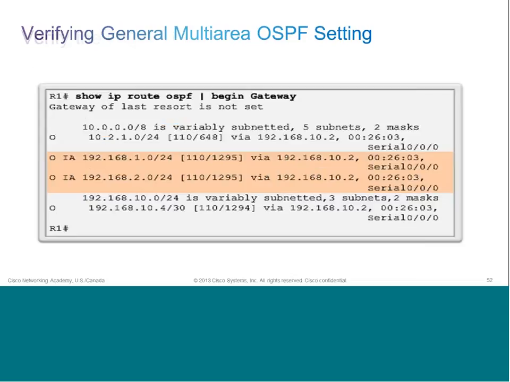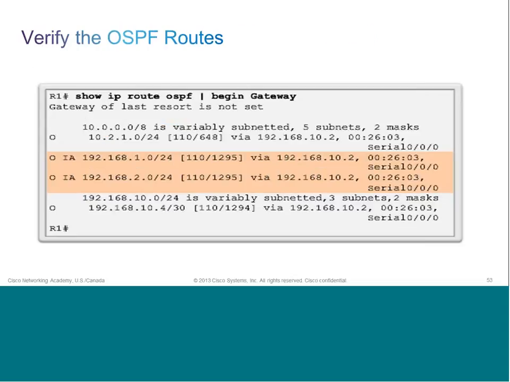So a common command used to verify a multi-area OSPF configuration is the show IP route command. Add the OSPF parameter to display only OSPF-related information. This figure displays the routing table of router 1. Notice how the O IA entries in the routing table identify networks learned from other areas.